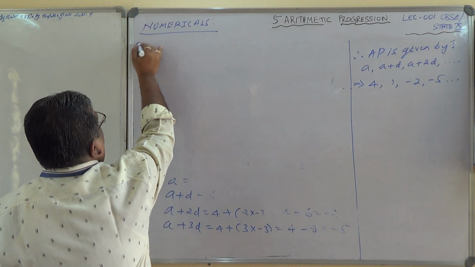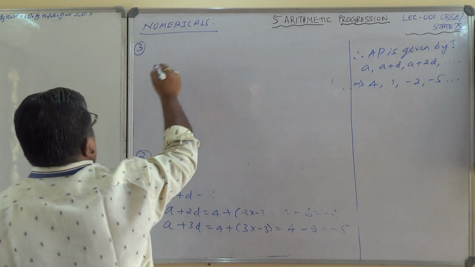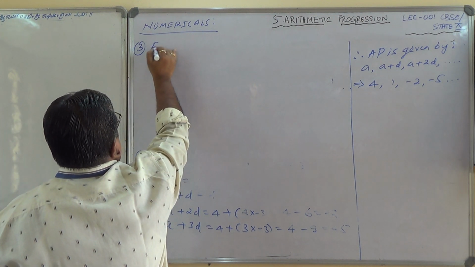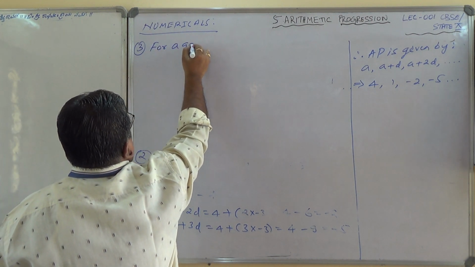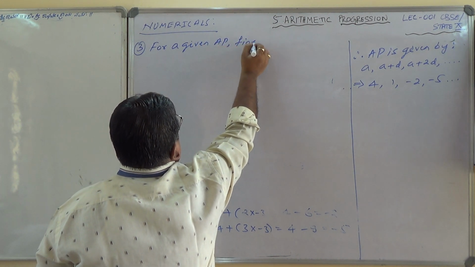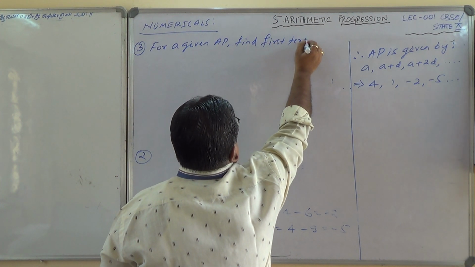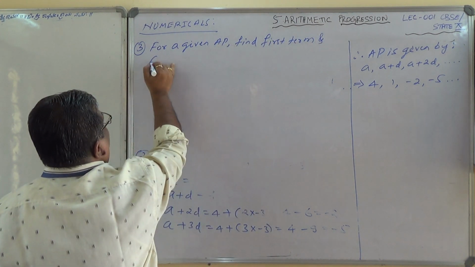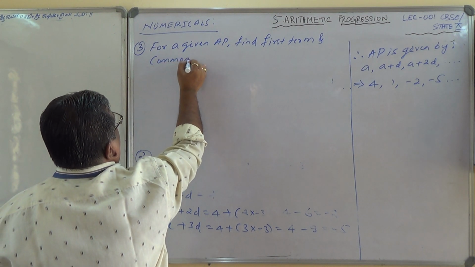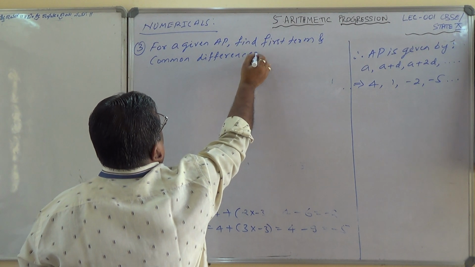Third question. Third is, for a given AP, find first term and common difference.